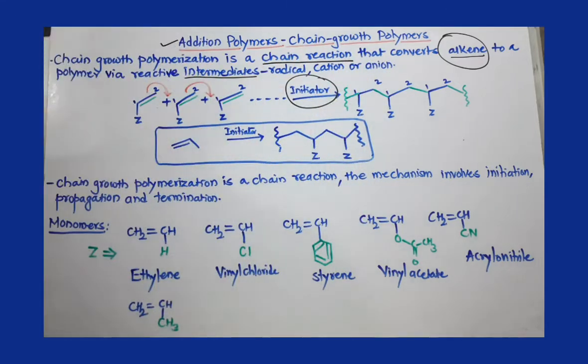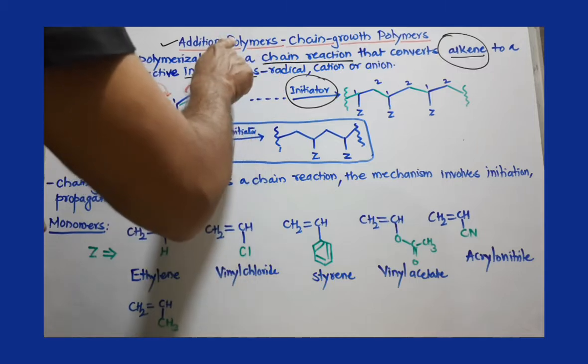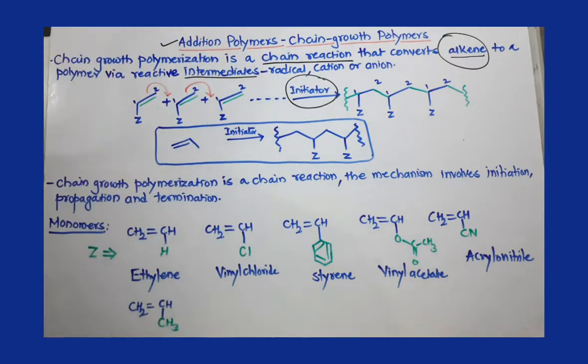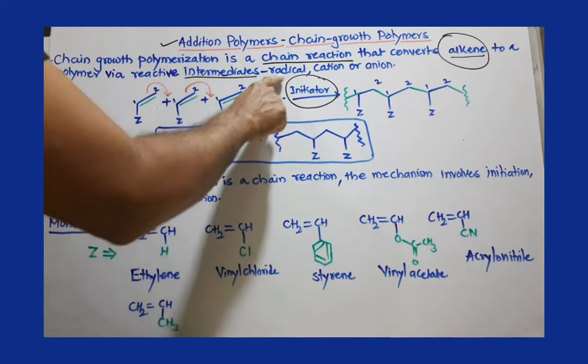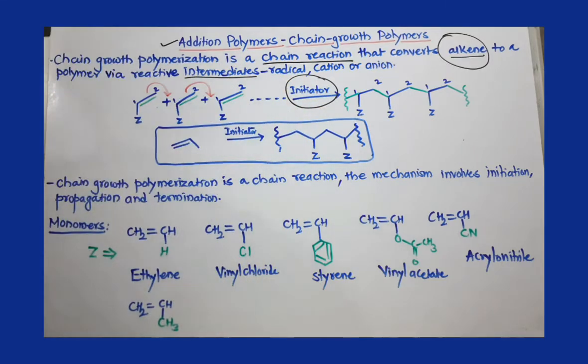Depending on these reactive intermediates, we call it radical polymerization, cationic polymerization, or anionic polymerization, and these reactive intermediates are decided by which initiator we are going to use.